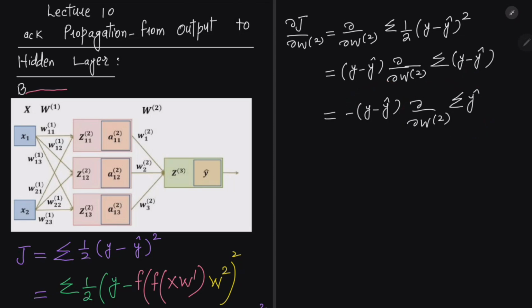Okay, we know that from this image the y hat will be equal to f of z3.